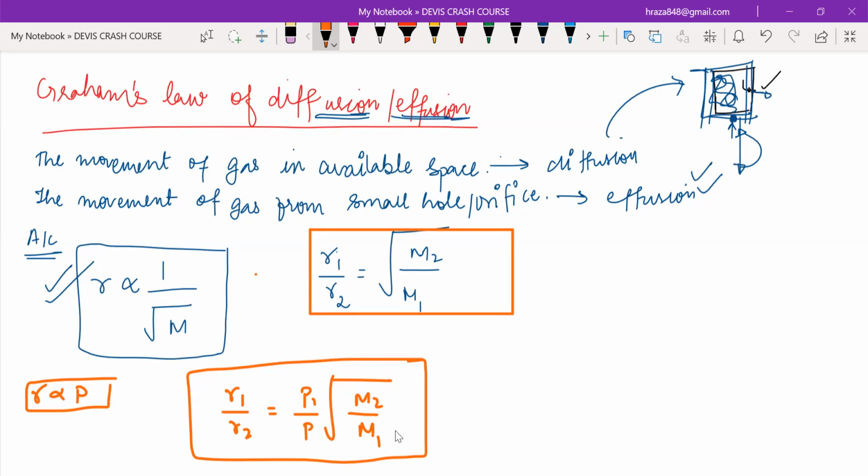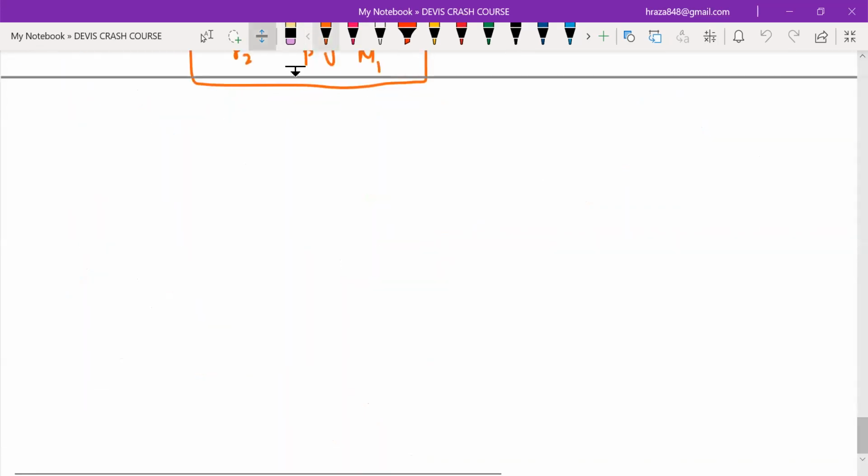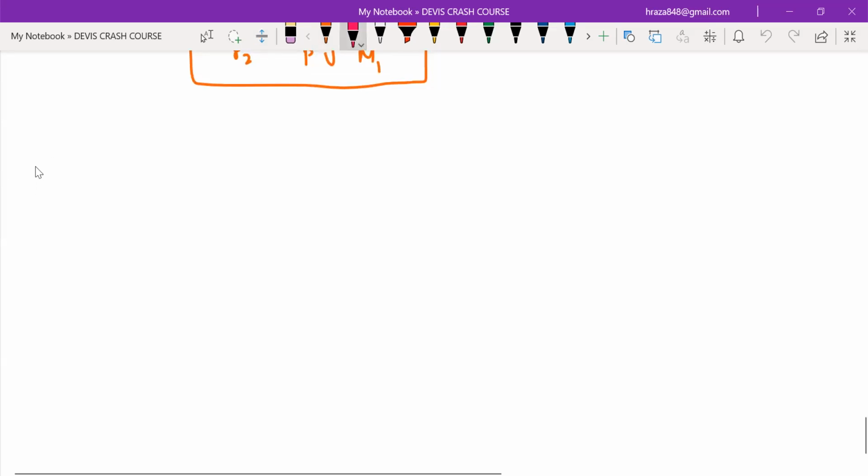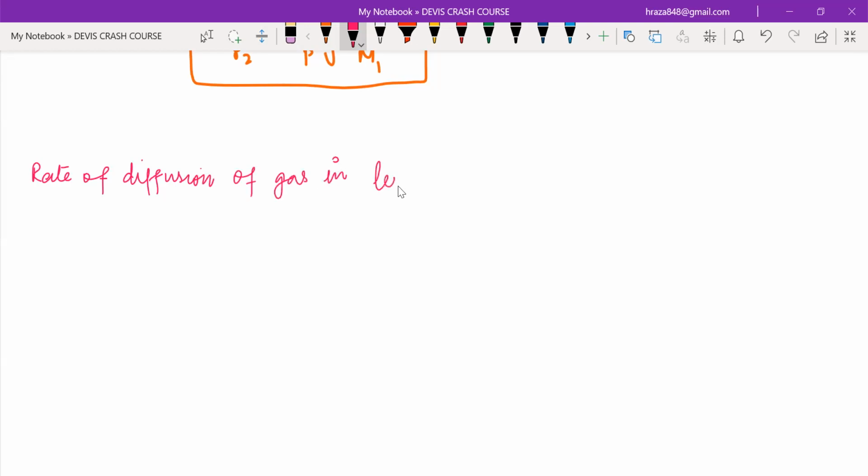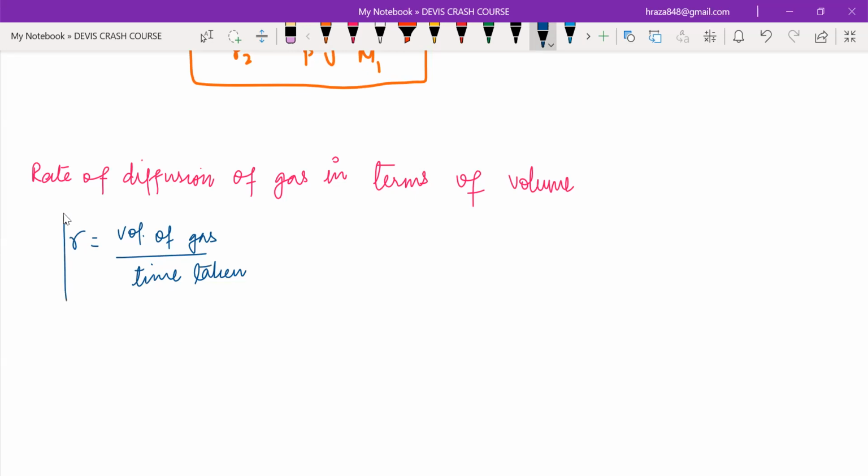Can I change the slide? Now see, rate of diffusion of gas in terms of volume. Basically, rate is the volume of gas per unit time taken.